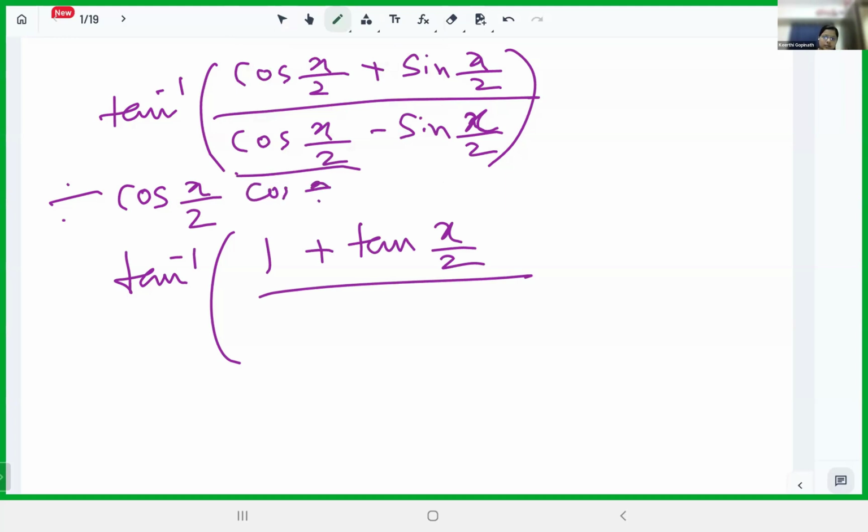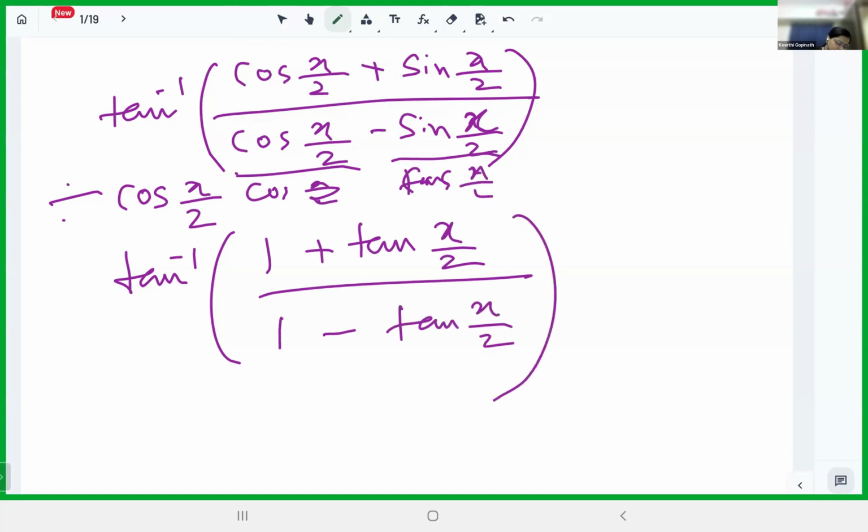So dividing by cos x by 2 we'll get 1 minus, similarly if we divide sin x by 2 by cos x by 2 here, we'll get tan x by 2. Is that clear to you all?